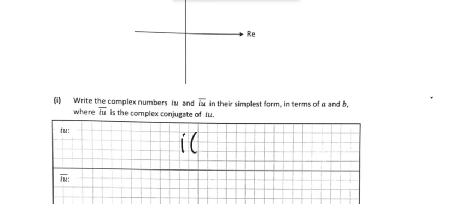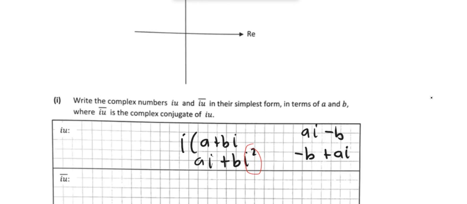So you just have to do i multiplied by a plus bi. That's just ai plus bi squared. And we said earlier, anywhere you see an i squared, you can change it into a minus 1. So you get ai minus b, which is the same as minus b plus ai.